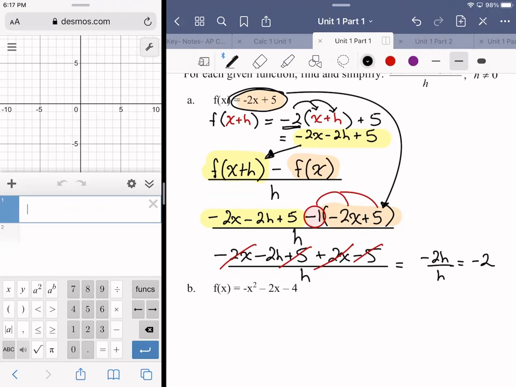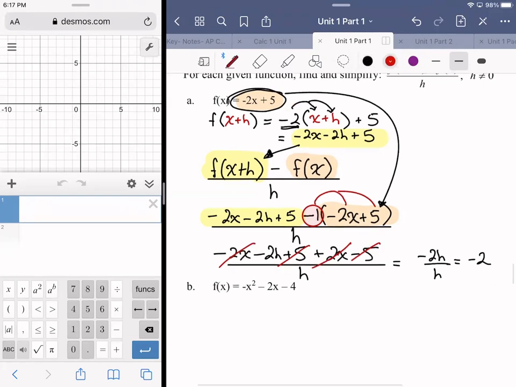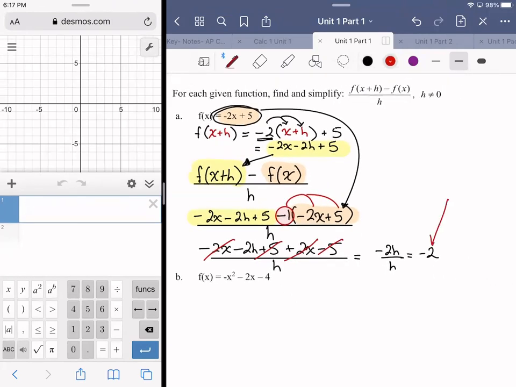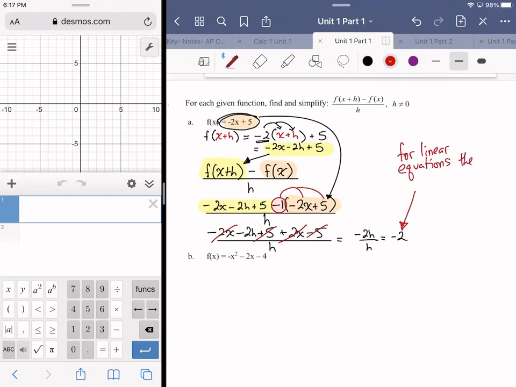And by the way, that's the solution, negative 2. And so you'll see for linear equations, the result is always the slope of the original line.